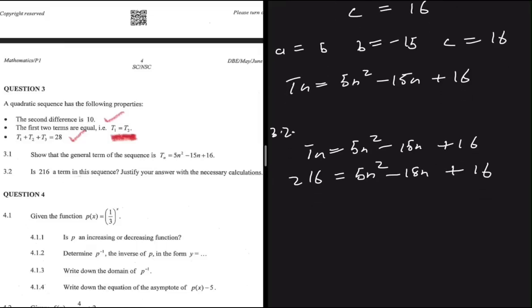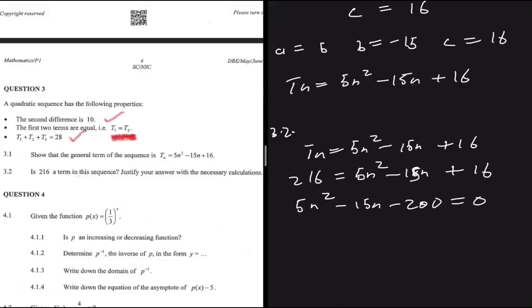If we take 216 to the other side, we're going to have 5n squared minus 15n, then plus 16 minus 216, that will be minus 200, being equal to 0.